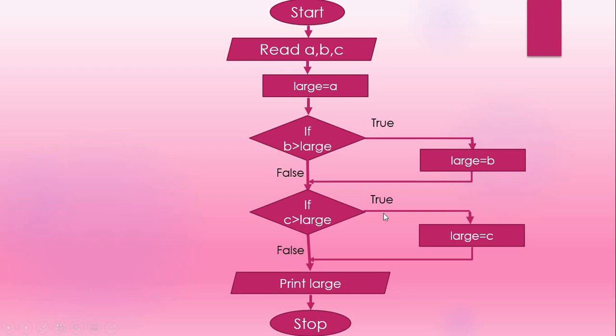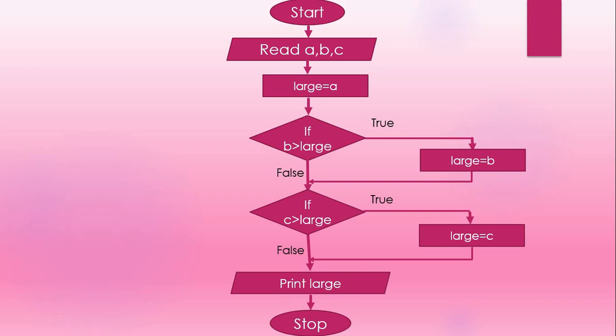If C is greater than large, if the condition is true, it comes here, large value will be changed to C. After initializing large with C, it prints here largest value, that is C.